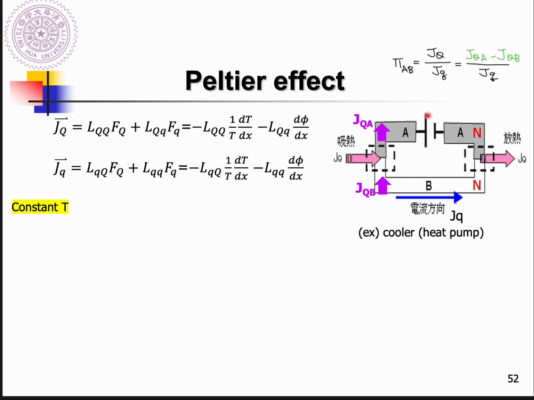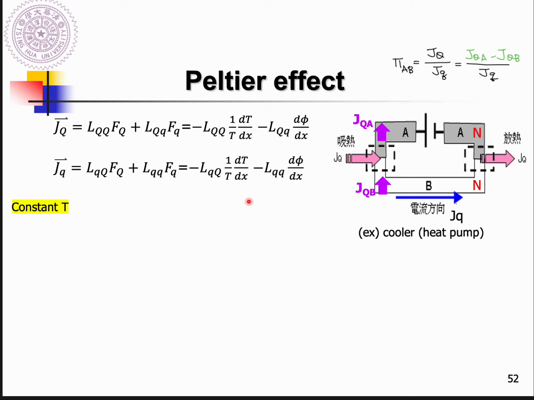We put in the power supply, so definitely there's an electrical potential, right? So you get the current density, and because we absorb some heat and release heat, there's probably a heat flux too. So I also write down the heat flux term, directly driven by F capital Q and coupled, indirectly driven by F small q. Then you substitute the F capital Q and small q with this term.